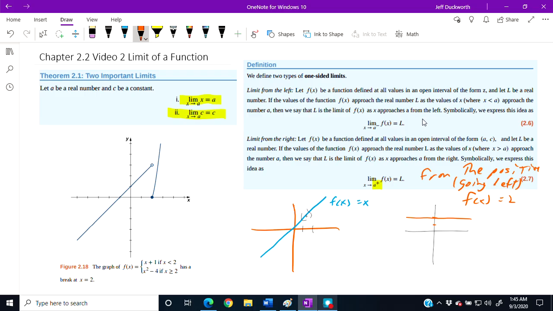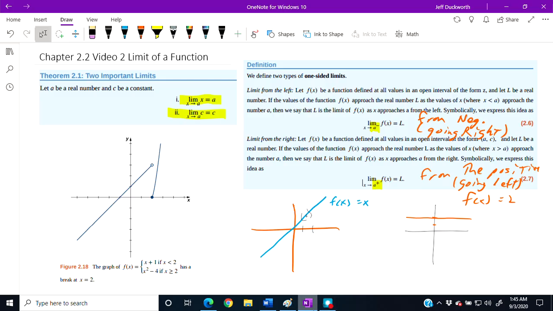And this, from the negative, an a with a superscript negative sign above it, means going to the right. All right, from the negative side.